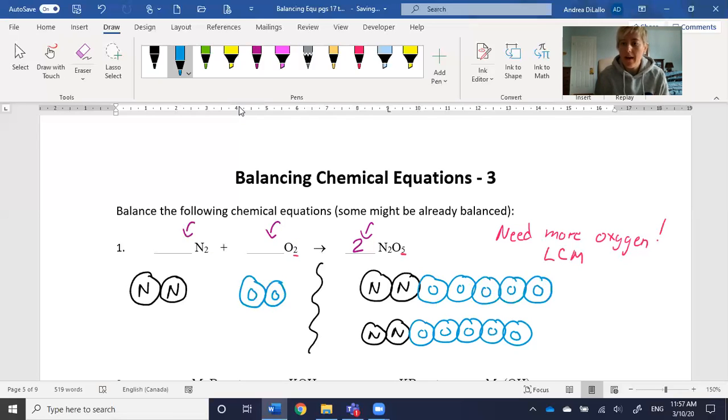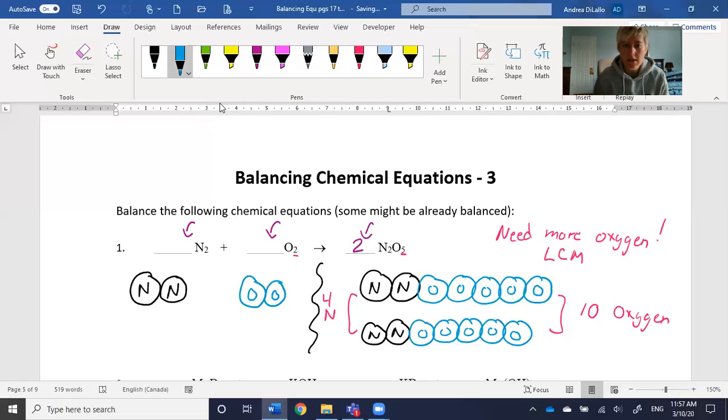So I now have 10 total oxygens here. And now I have 4 nitrogens here. So I need to get both more oxygen and more nitrogen. So let's deal with the oxygen first.